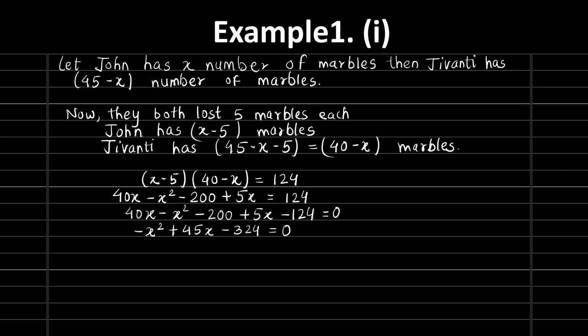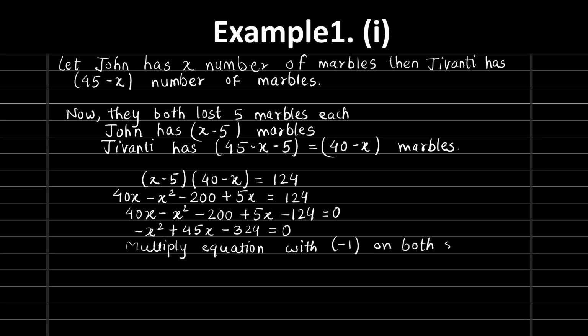Since we have minus 1 as the coefficient of X square, we multiply the equation with minus 1 on both sides to eliminate it.